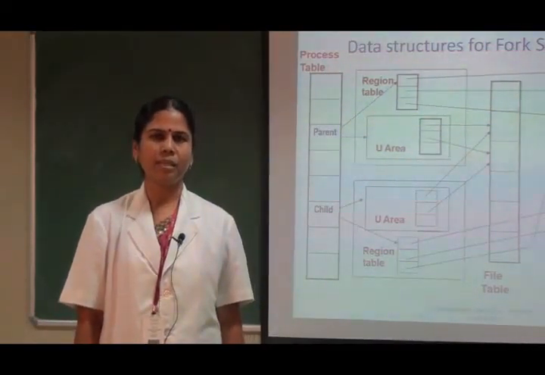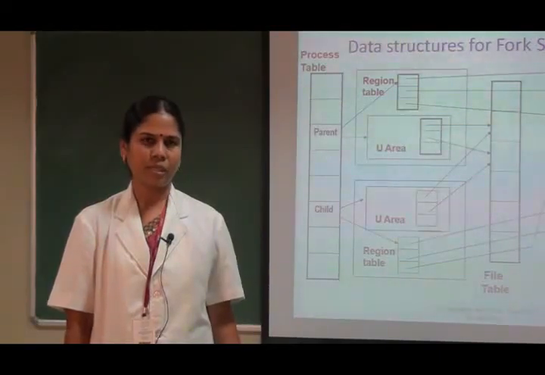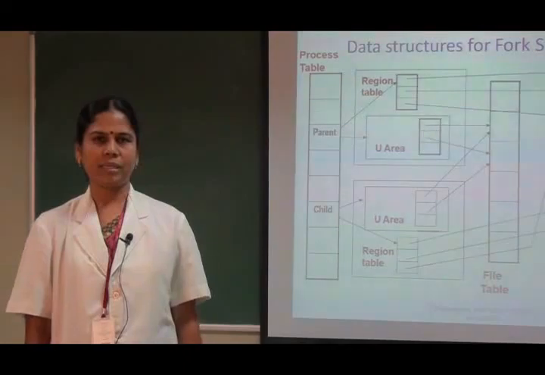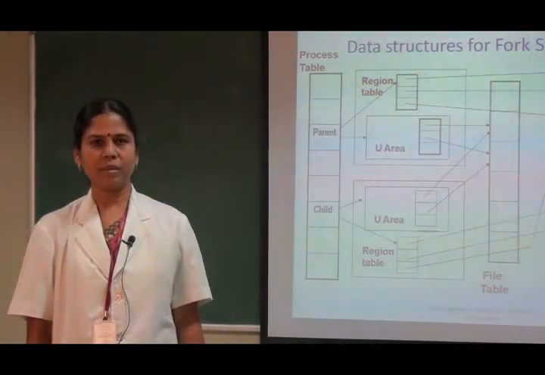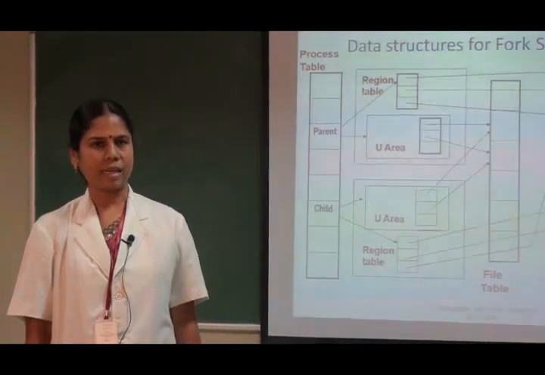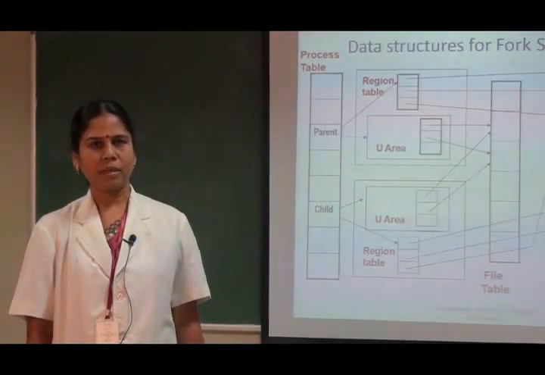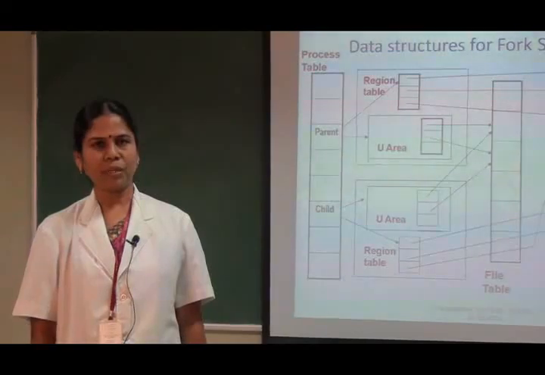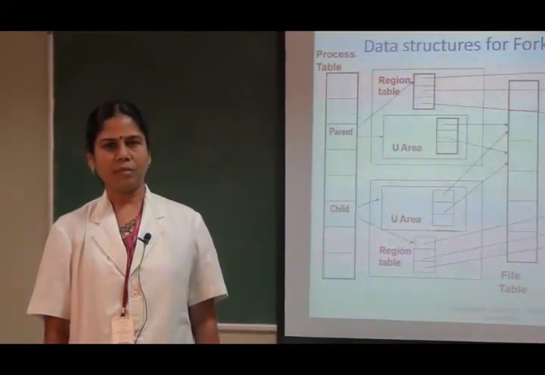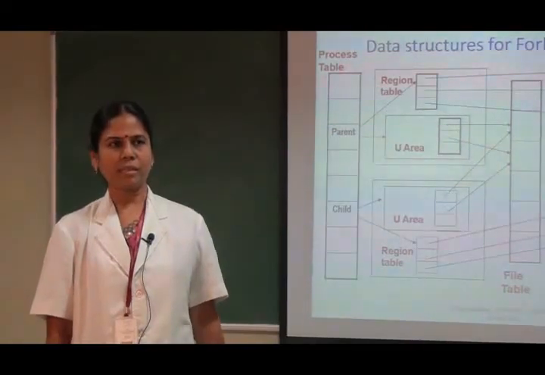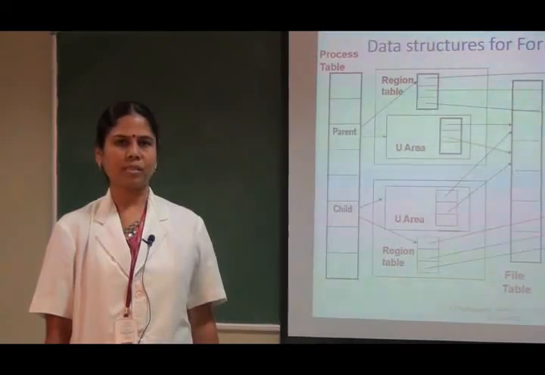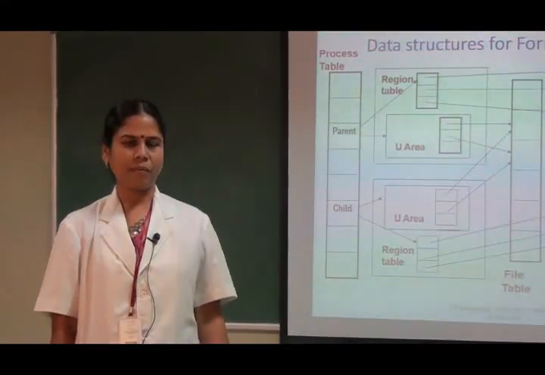The U area is an extension of the process table. The process table points to the per process region table. The per process region table has all virtual addresses of the text, data and stack portions of the process. The per process region table points to the region table, and the region table points to the memory. So these are the data structures that help the process subsystem handle processes for execution.